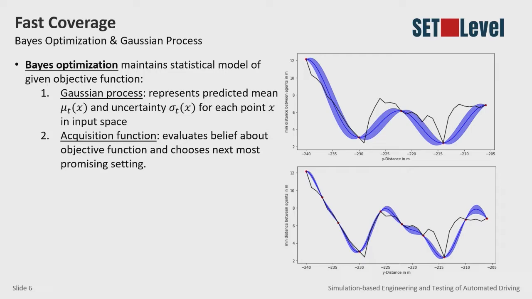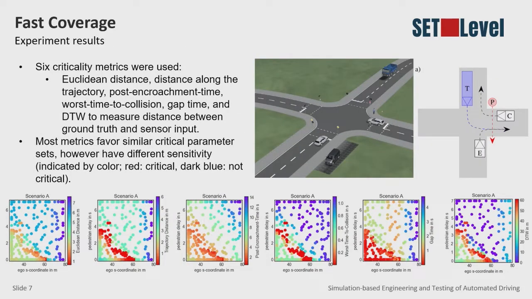And looking at the picture at the bottom, the more points we get, the better our estimation gets, and the smaller the confidence intervals get. And in this way, by using this prediction, this extrapolation from the simulation results we have seen so far, we can choose interesting new points.